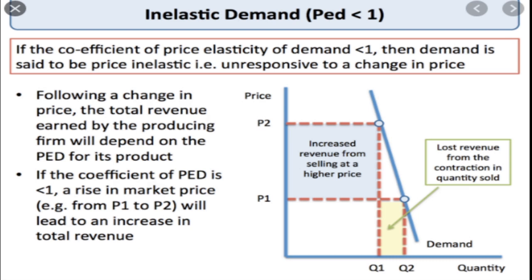If a proportionate change in price leads to less than proportionate change in quantity demanded, then we can say that this is inelastic demand or relatively less elastic demand. If a large change in price leads to a small change in quantity demanded, then this is inelastic demand or relatively less elastic demand. And in this case, the coefficient of price elasticity is less than 1.